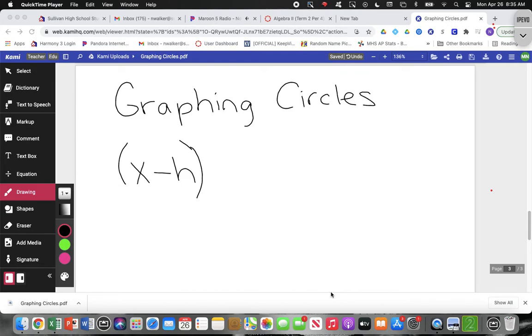When graphing circles, you are going to have an equation, and the equation actually tells you certain pieces about the graph. Whenever you see this, you're always going to see the x in parentheses, and then it's going to be something squared. Then you're going to see the same thing with the y.